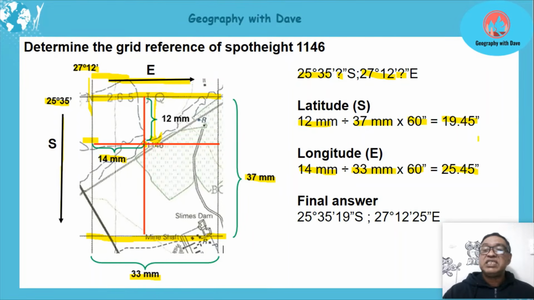Obviously, this is below 0.5. If it's 0.5 and above, it rounds up to the next second. In this case, this is 0.45, it's below 0.5, so we leave it as 25.